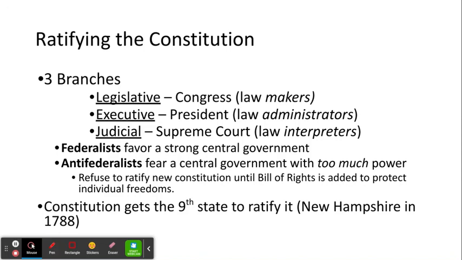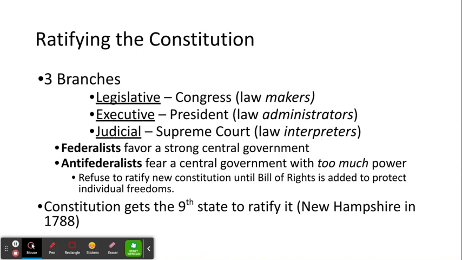And this new Constitution is never going to happen unless we can add on to the back of it amendments. And the first 10 amendments are going to be called the Bill of Rights. And the Bill of Rights specifically is going to guarantee all of the rights and freedoms for citizens of this country that can never be taken away.